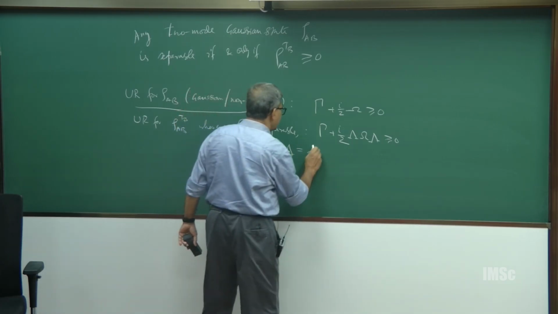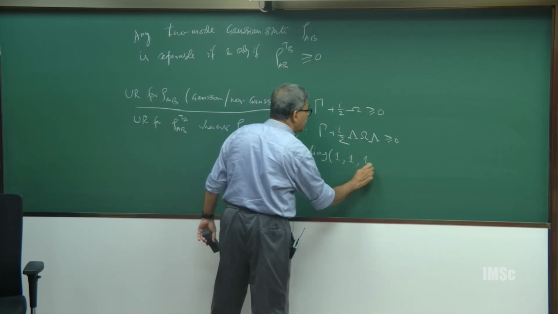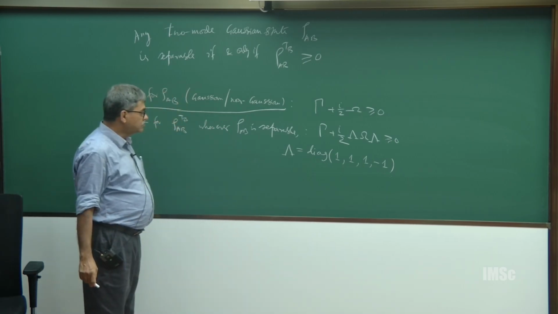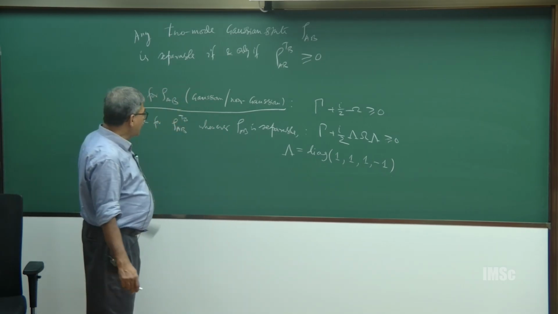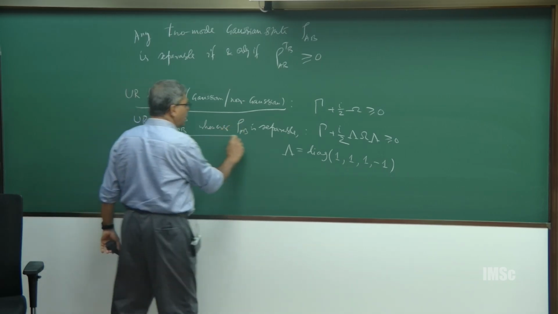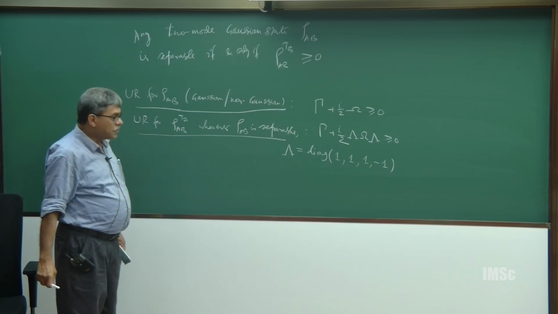So, which is diagonal of 1, 1, 1 and minus 1, right. So, again nothing is there whether this is Gaussian or not.